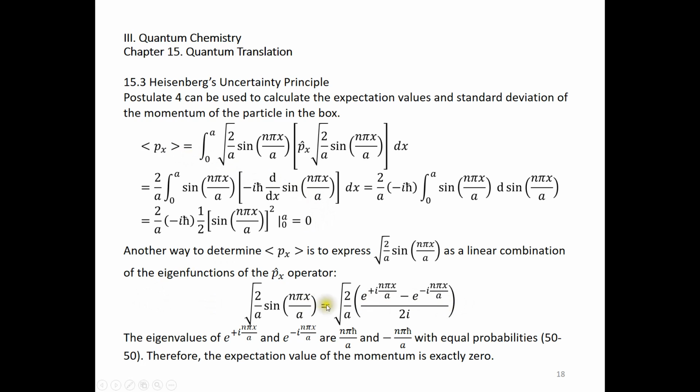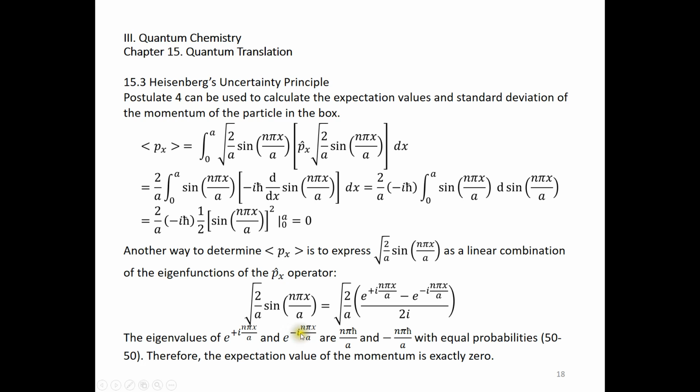Again, over here, this is just the trick to express a sine function as a linear combination of two exponential functions with an equal weight. Because the coefficients squared is proportional to the probability, you have 1 squared versus negative 1 squared, they are the same.